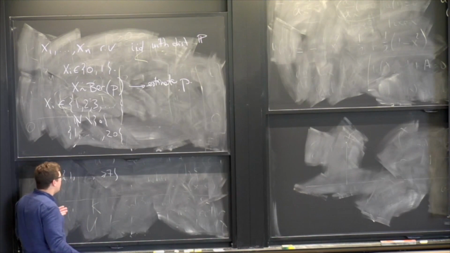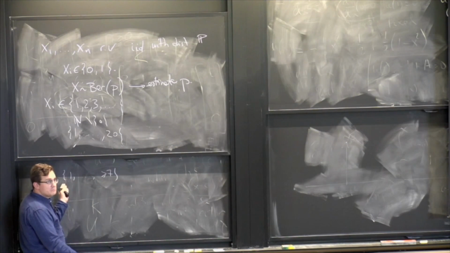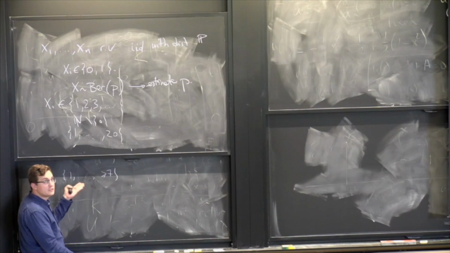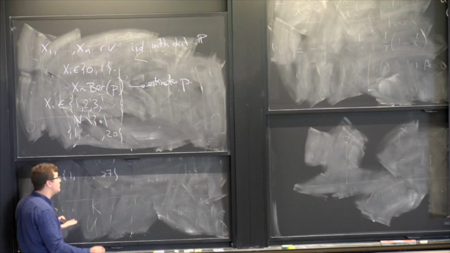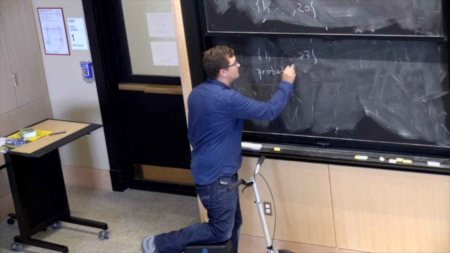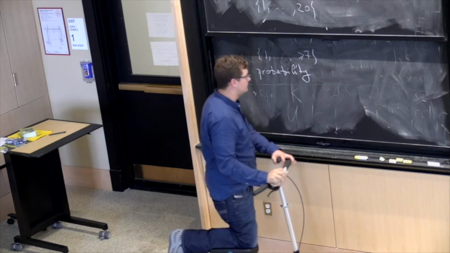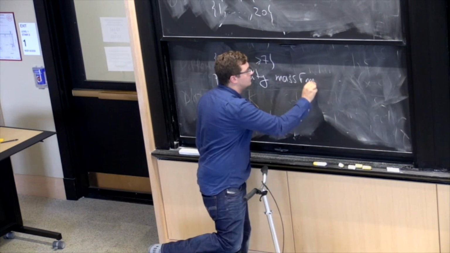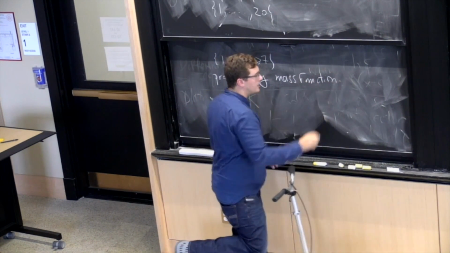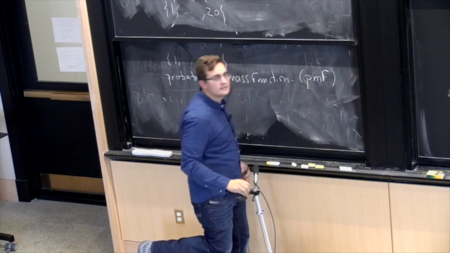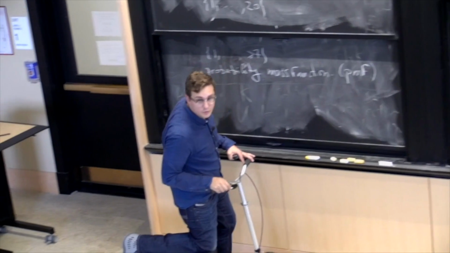OK, and so now this is a distribution on 7 possible values, a discrete distribution. And you know from your probability class that the way you describe this distribution is using the probability mass function, or PMF. That's how we describe a discrete distribution.